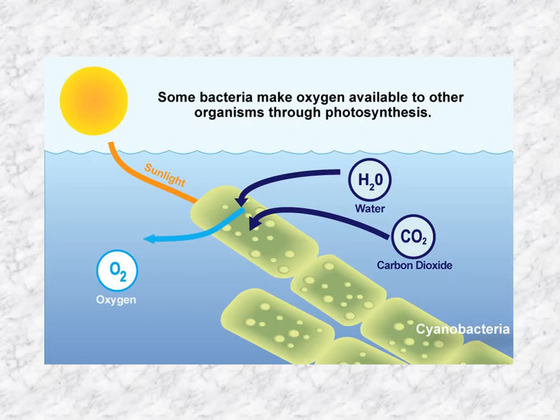So you can see in this figure that cyanobacteria, just like eukaryotic photosynthetic organisms, use water and carbon dioxide to synthesize their food, and as a result, free oxygen is produced. This oxygen build-up increased in the environment and changed the anaerobic environment of the Earth into an aerobic environment.